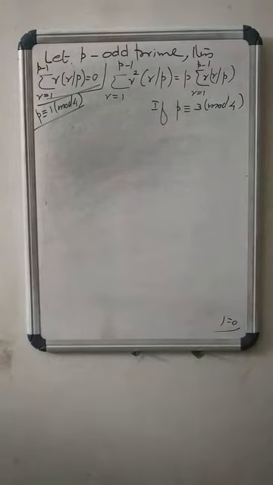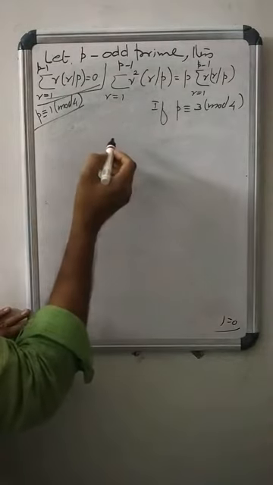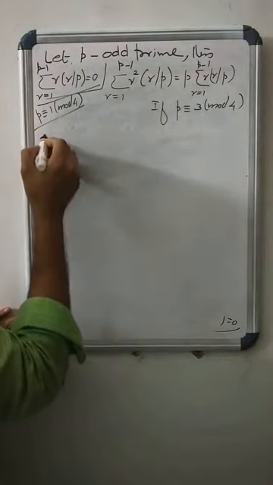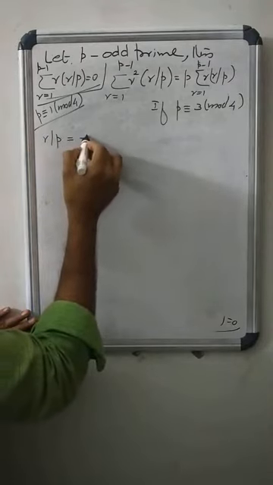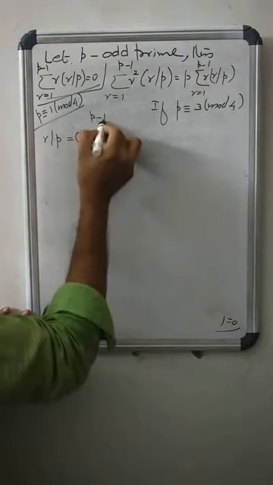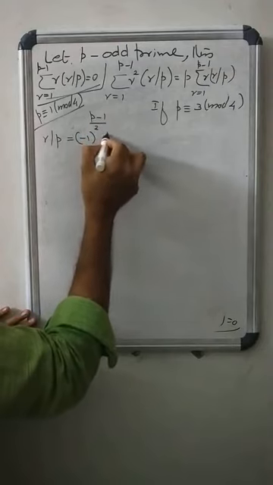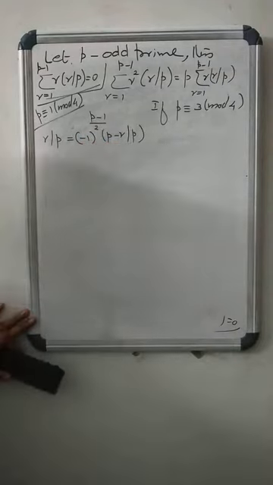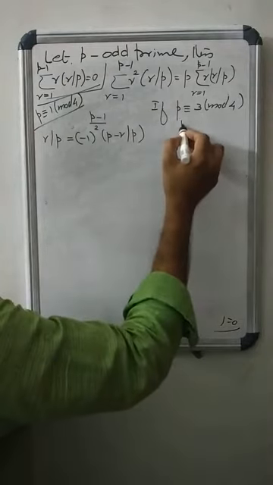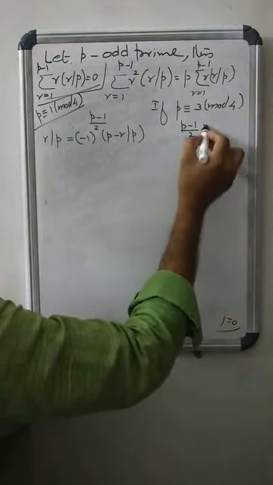How? So again we have r and p minus r run through the same numbers 1, 2, 3 up to p minus 1. So we have r by p equals minus 1 power p minus 1 by 2 into p minus r by p. Agreed. But p congruent to 3 mod 4 means p minus 1 by 2 is odd.